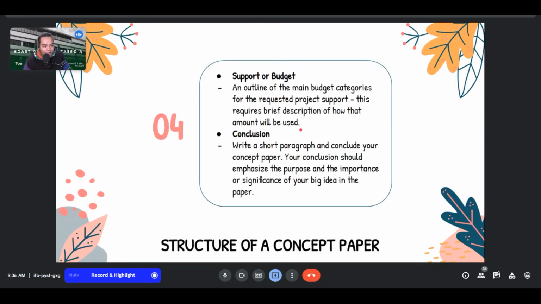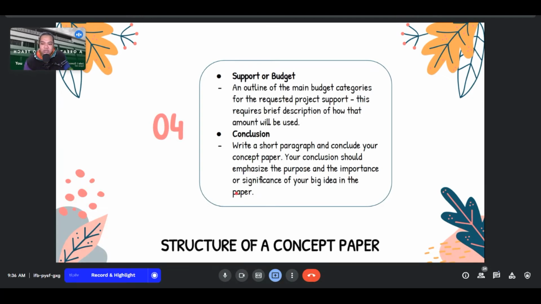And the last, we have the conclusion. We write a short paragraph of 1 to 3 sentences long that can conclude our concept paper. Your conclusion should emphasize the purpose and the significance of your big idea in the paper.